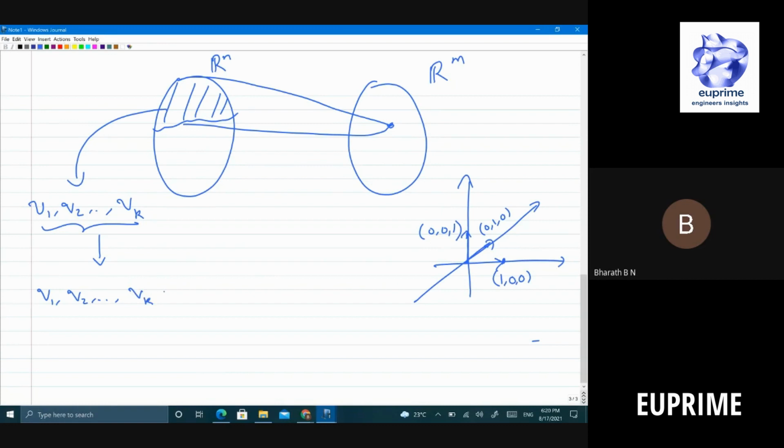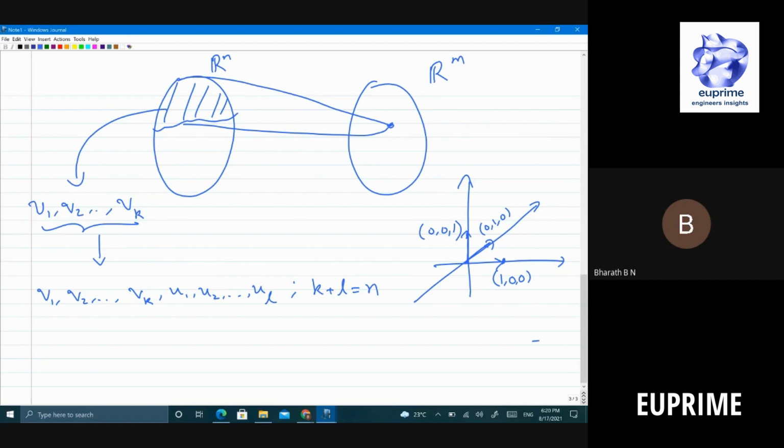I can add vectors like U1, U2, up to UL, to get the basis for Rn. K plus L should be equal to N, otherwise this is not true. I'm going to add more vectors so that the total number of basis vectors is equal to N, the dimension of Rn. Is this clear?